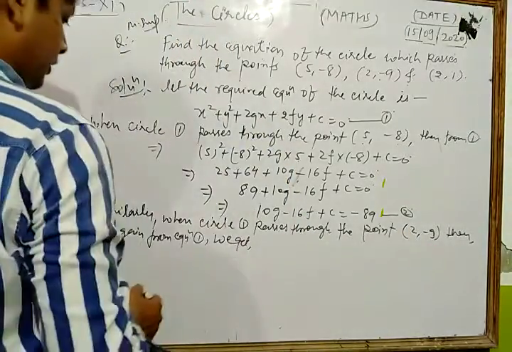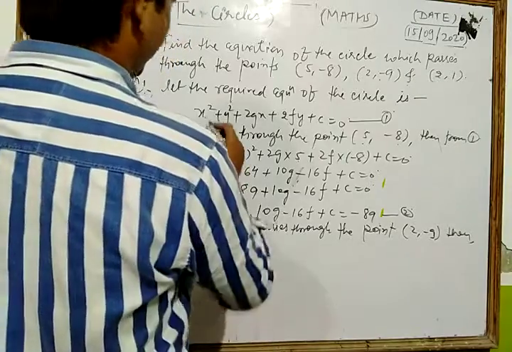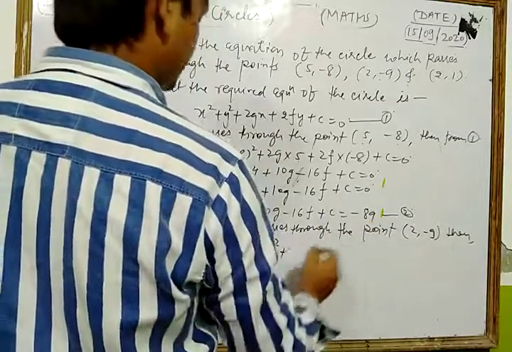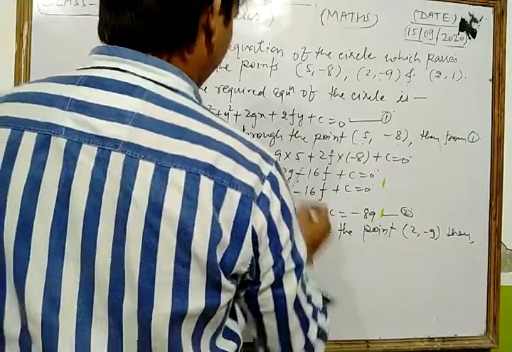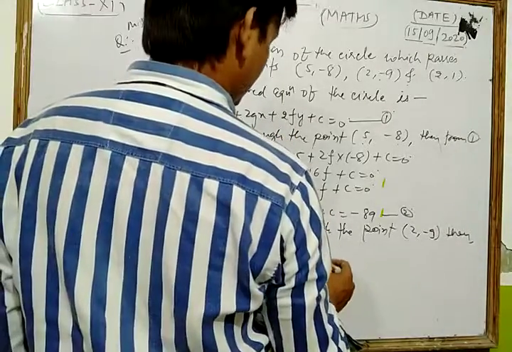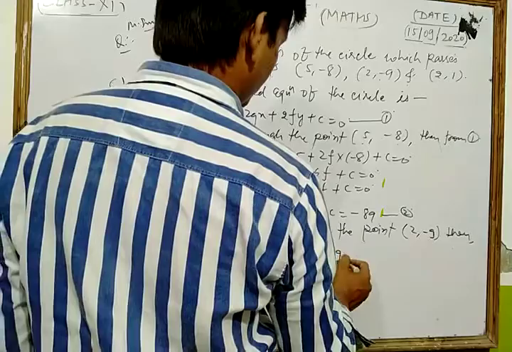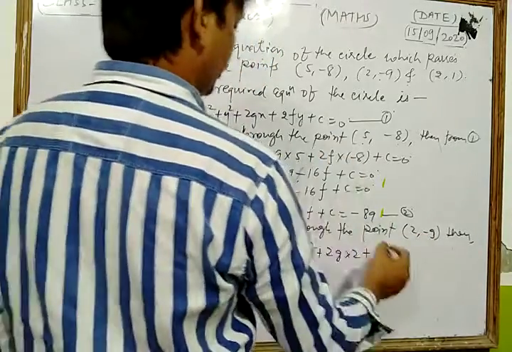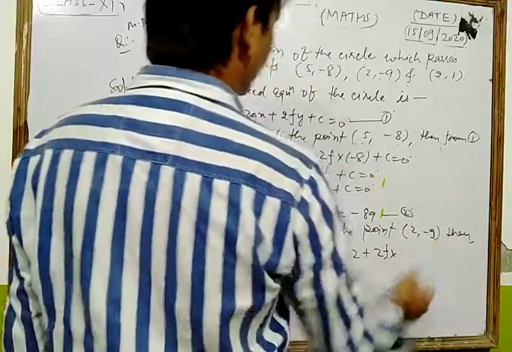From equation 1 we get 2 square plus y square as minus 9 square plus 2gx means 2g into x, which is 2, plus 2fy means 2f into minus 9.